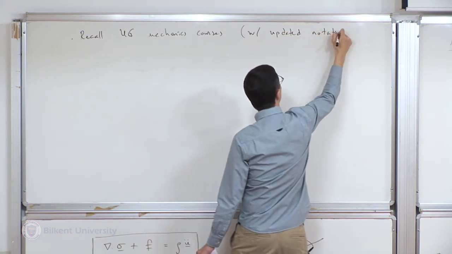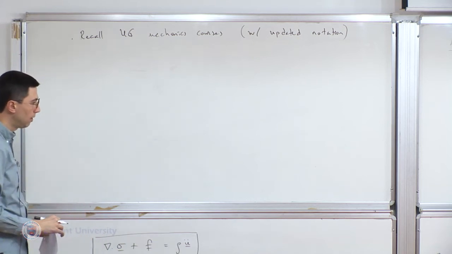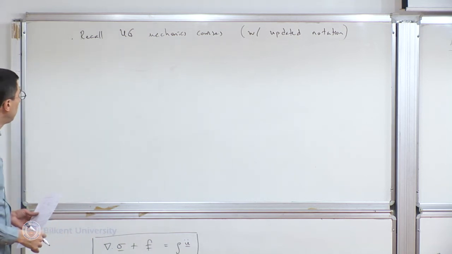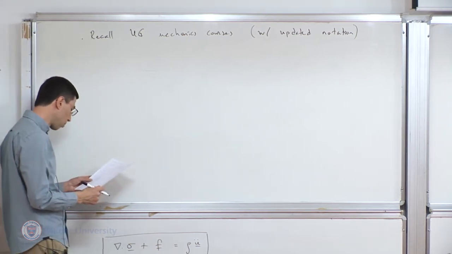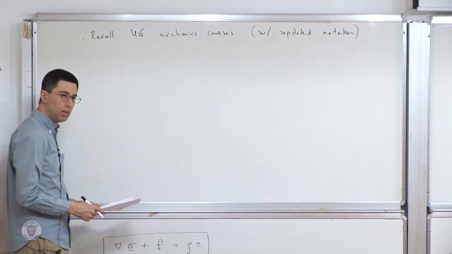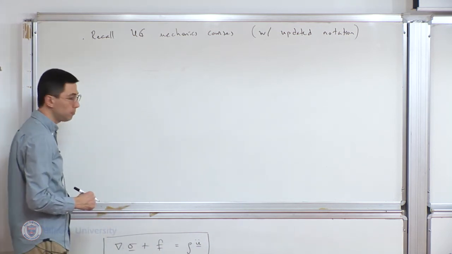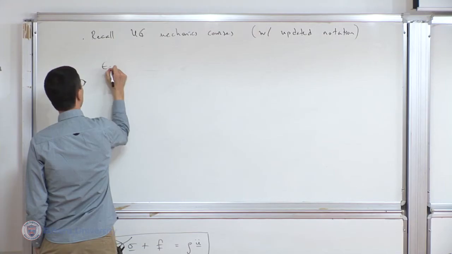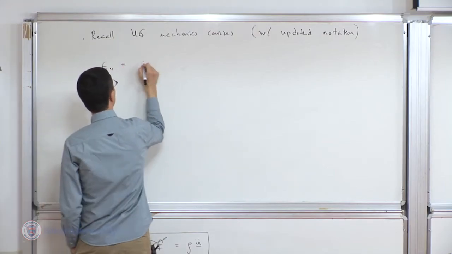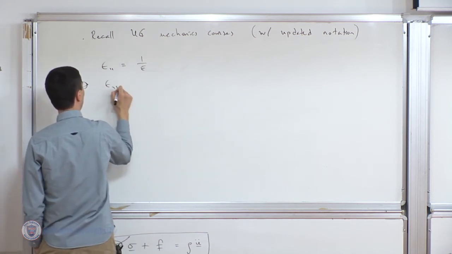And I will tell you what those updates are, just to make sure that our notation is compatible with the widely employed notation in this type of course. Okay, so let me go ahead while you're writing. Just remind you of the equations that we used to employ.